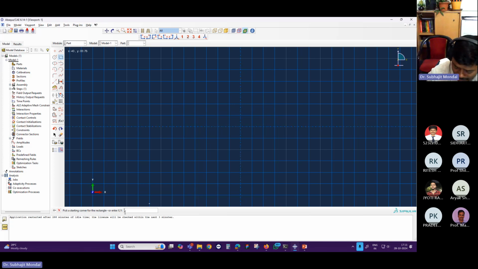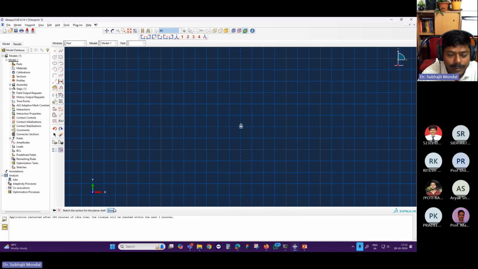So here you can keep 0, 0, and then define the other corner. If you give that length and that breadth, it is 0.400 mm means 0.4, or 0.3. So here you can play it like this.